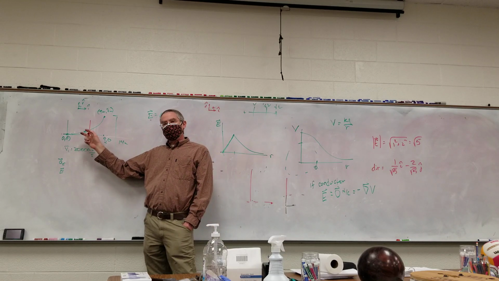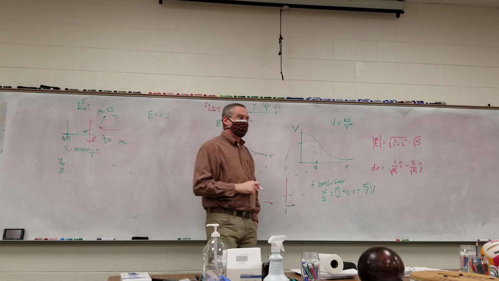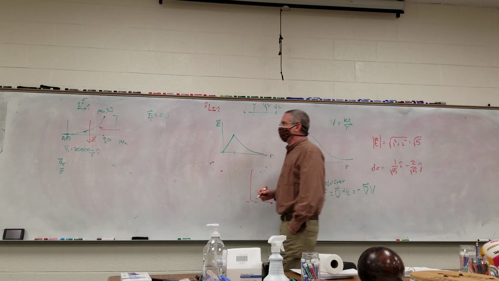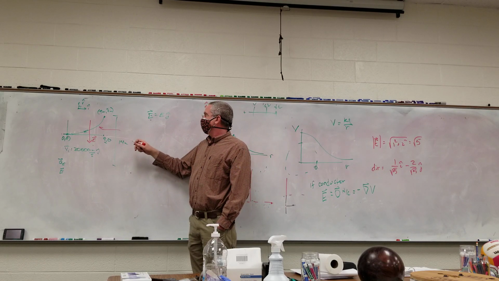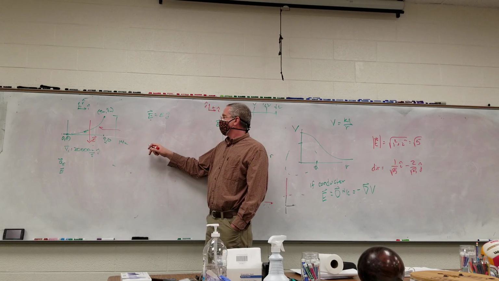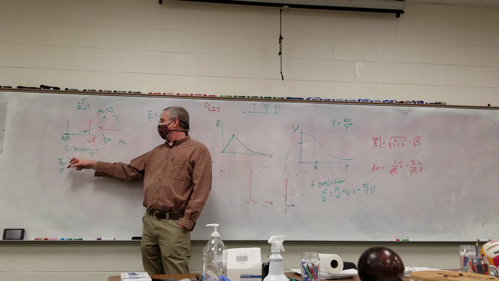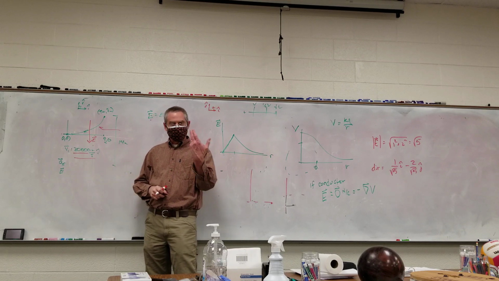The electric field is uniform. The force, therefore, on the electron is uniform. The acceleration of the electron is uniform. So what do you know about the shape of this curve? It is indeed a parabola, going through the origin. So, one half a t squared. I know how fast it's going horizontally. The horizontal velocity should not change because the acceleration is perpendicular to that.